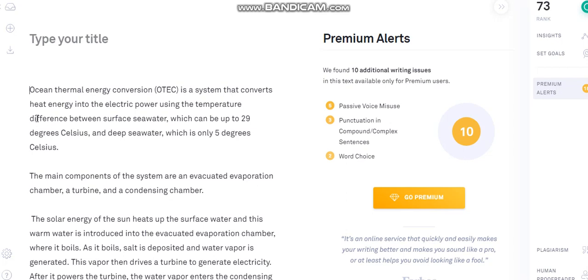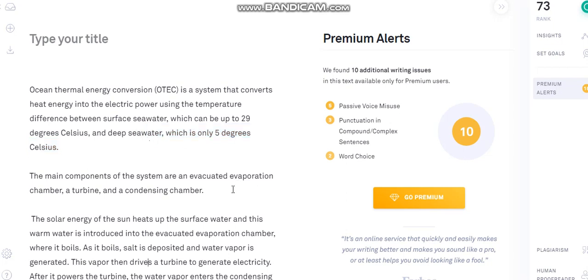Is a system that converts heat energy into the electric power using the temperature difference between surface seawater, which can be up to degrees Celsius, and so it is kind of complicated, and possibly the app couldn't understand that, or maybe it is not very simple. I'm not sure. I don't know that.